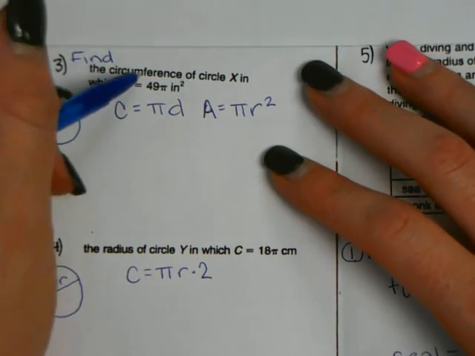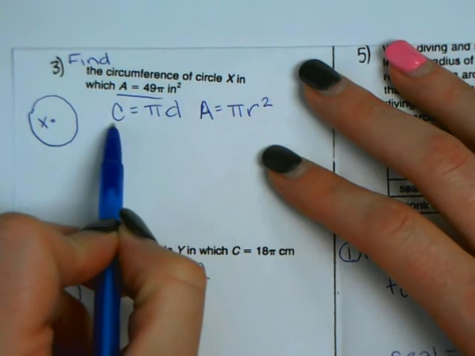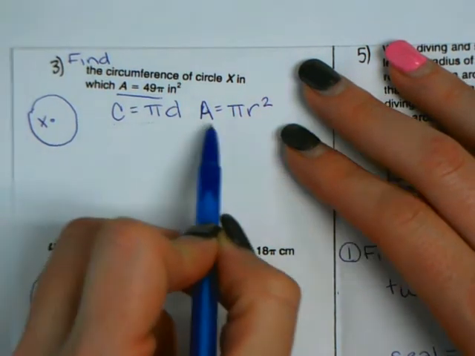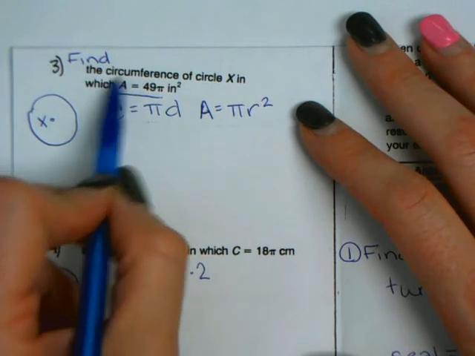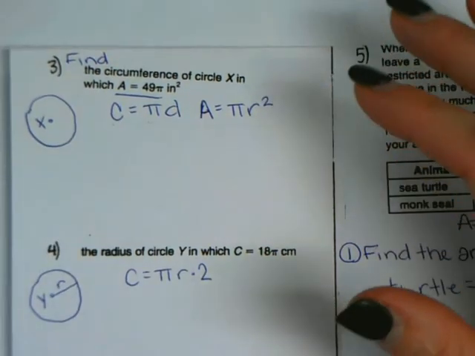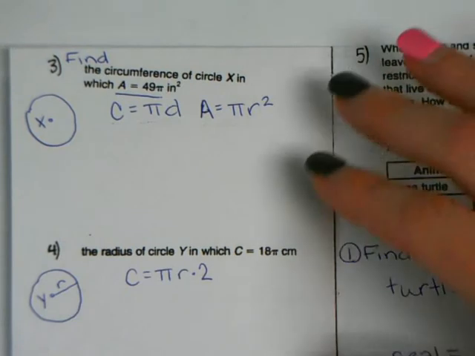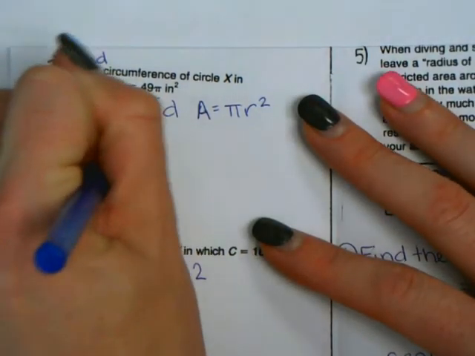Open it up. Number 3, find the circumference in which the area is given. So I'm using 2 formulas: I need the circumference formula and the area formula. Notice if I have the area, it's not really going to help me find the circumference. I have to go back and find the radius and then turn around and use the radius for circumference.